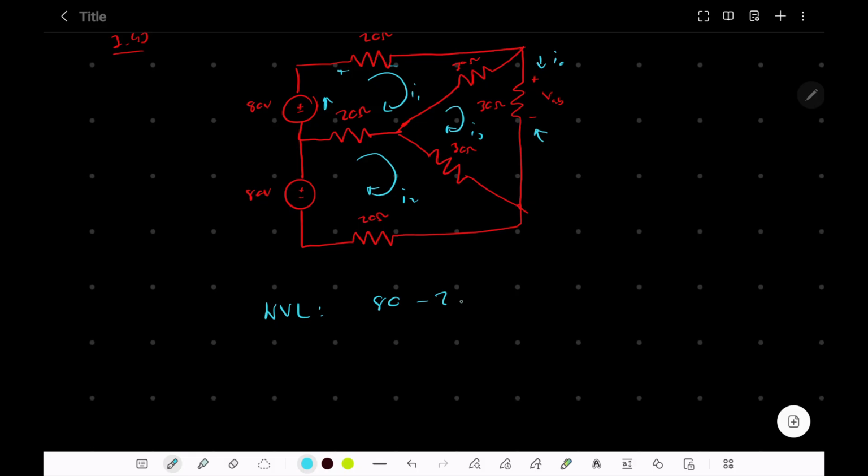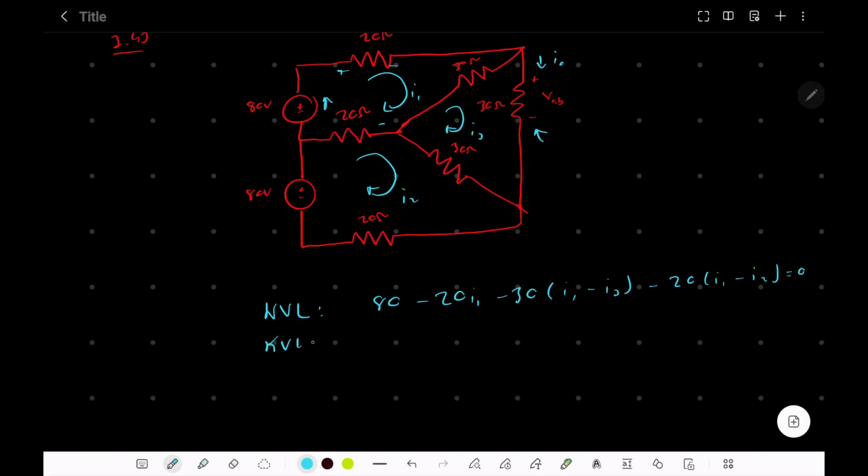So you've got minus 20 I1, and then these two currents are going to be opposing them, so you have to account for the net gain or drop in voltage, and so that's going to be 30 ohms times I1 minus I3 is equal to 0. And then we need one more for this one, so this is going to be minus 20 times I1 minus I2 is equal to 0.